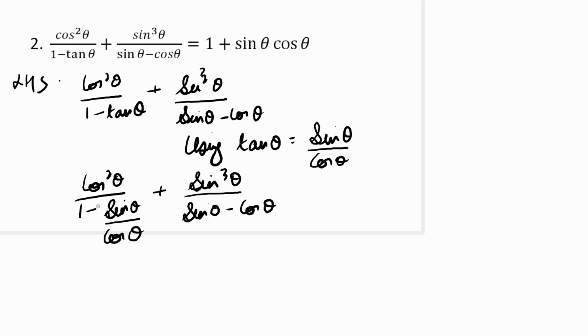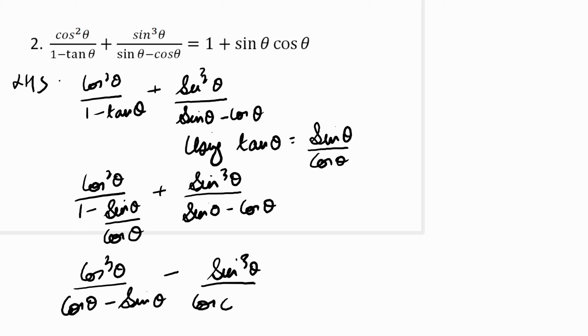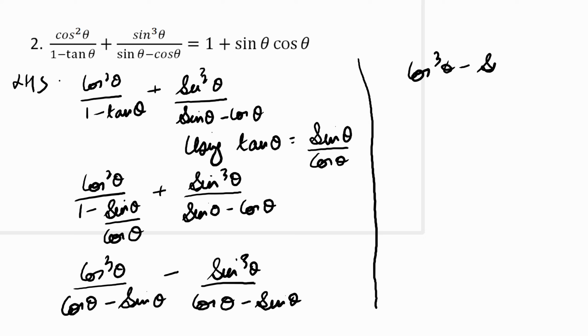So this will become cos cube theta upon cos theta minus sin theta. We'll change the sign over here and make the denominator the same, cos theta minus sin theta. So this will become cos cube theta minus sin cube theta upon cos theta minus sin theta.